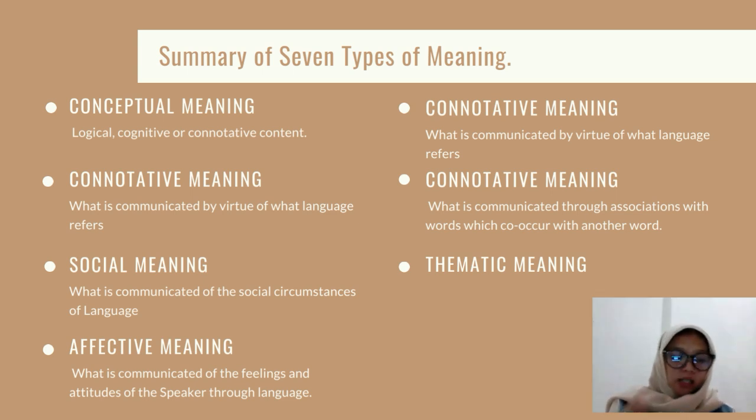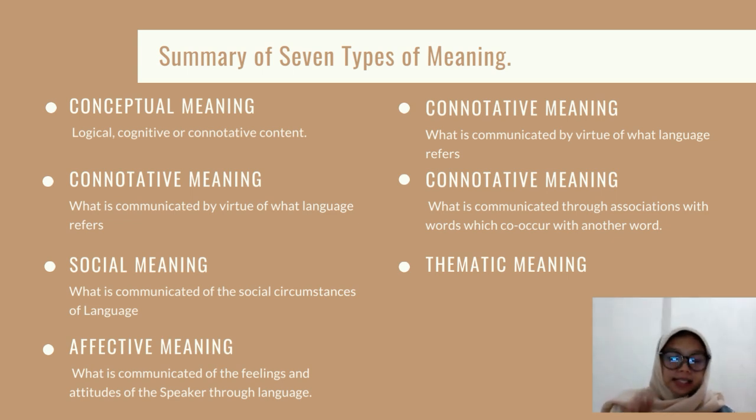And the third is social meaning. Social meaning is what is communicated of the social circumstances of language. And the fourth is affective meaning. Affective meaning is what is communicated of the feelings and attitude of the speaker. And the fifth is reflected meaning, what is communicated by virtue of what language refers to.